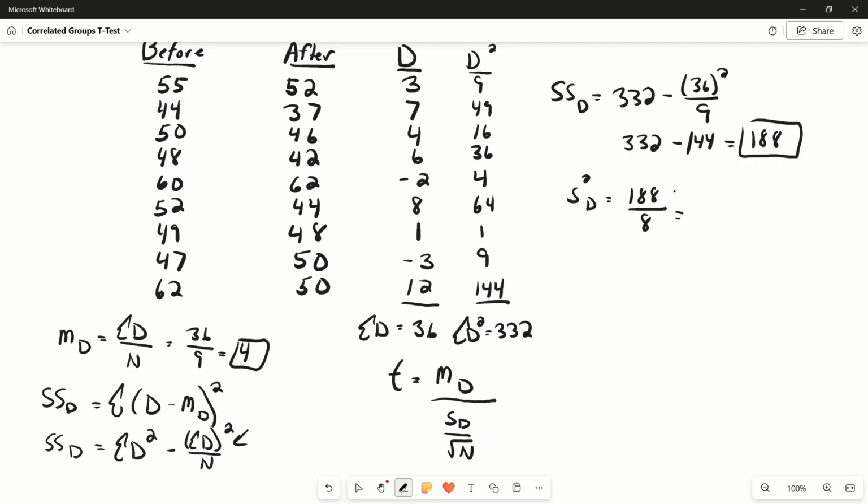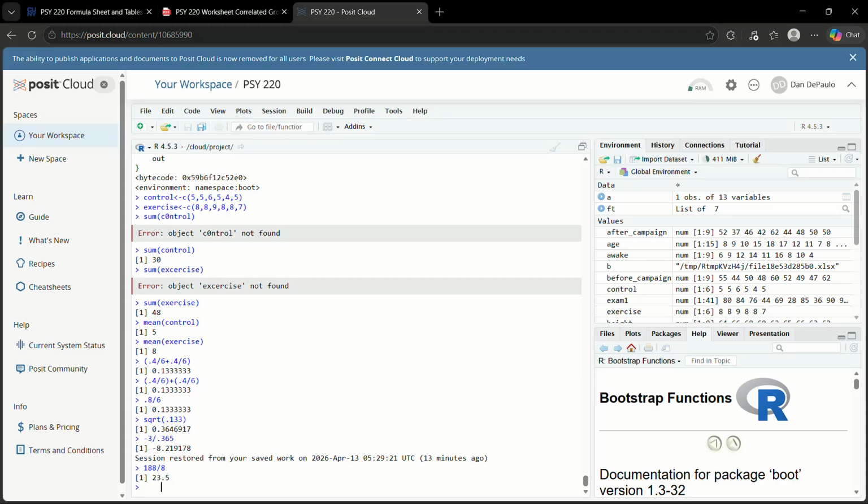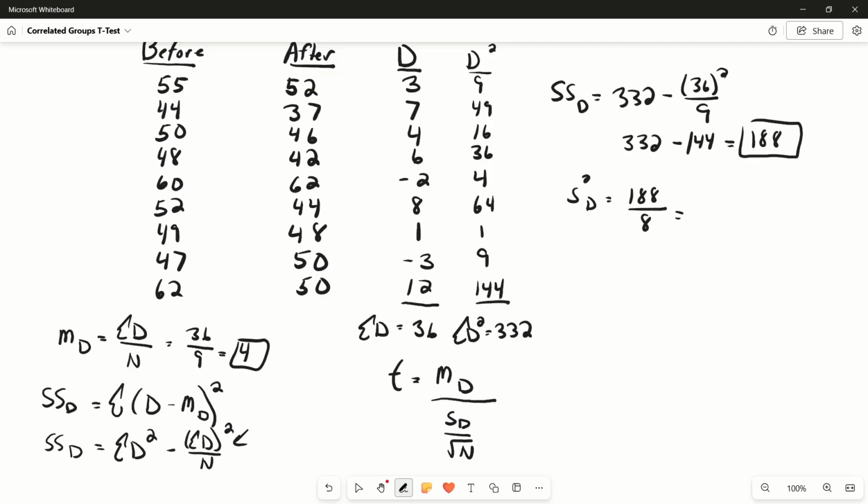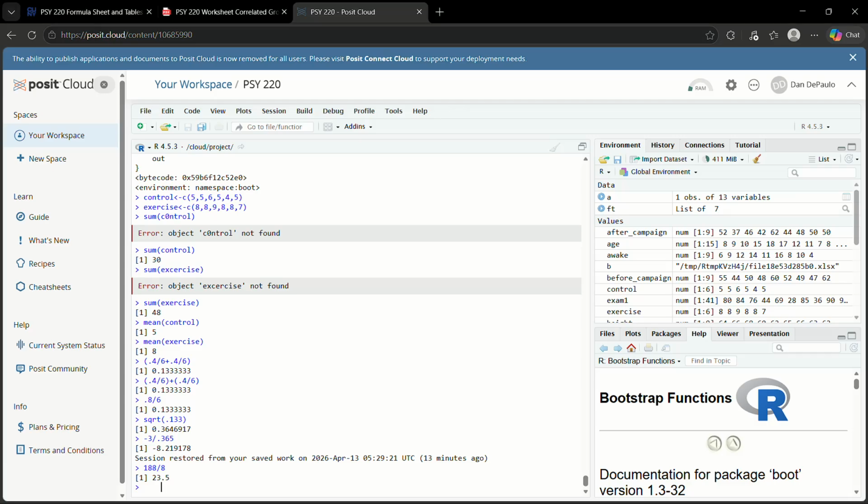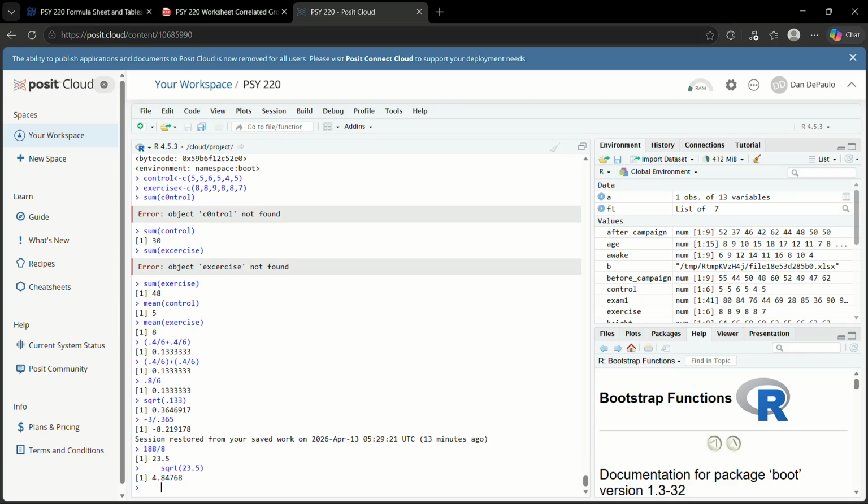We get 23.5. Okay. And then we take the square root of this, and that gives us 4.85. So we're just going to do the square root just to double check. There we go.